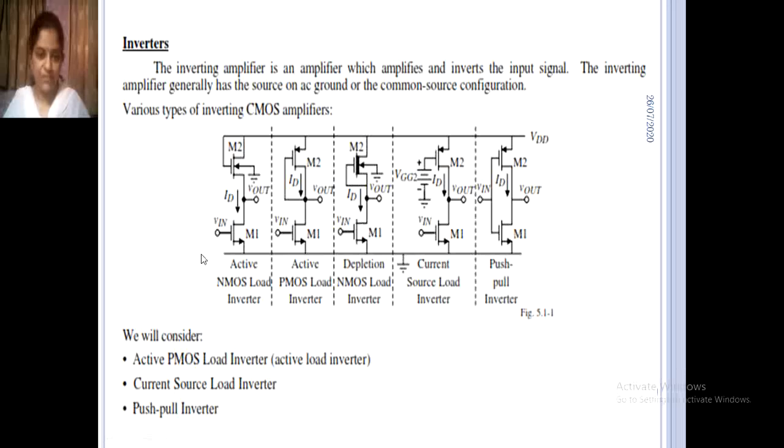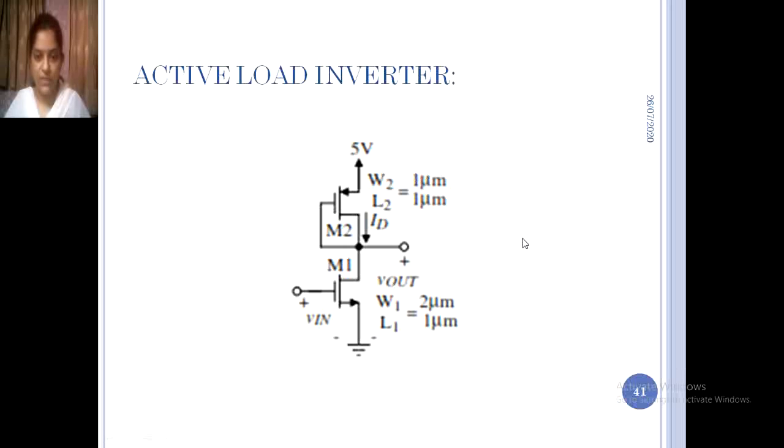See here the active NMOS load inverter, then active PMOS load inverter, then depletion NMOS load inverter, then current source load inverter and push-pull inverter. The circuit arrangement for each inverter is shown here. For the active load inverter, a 5 volt supply is given for M1 and M2.